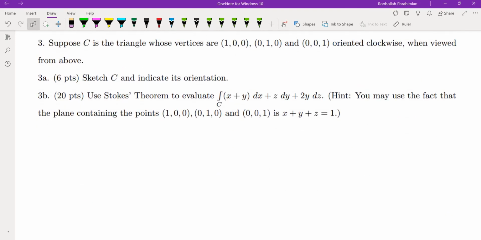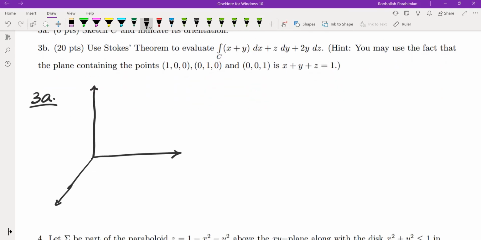Suppose C is the triangle whose vertices are 1, 0, 0. So again, even if they hadn't asked us to sketch the graph, we will have to sketch it. So we will sketch the curve. It's a triangle. They told us it's a triangle.